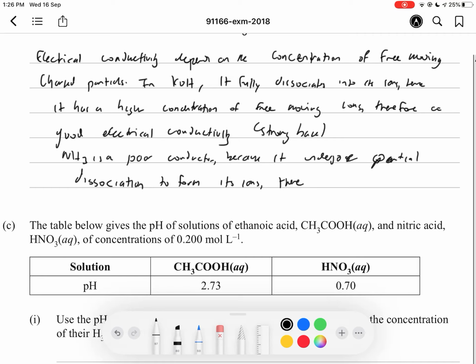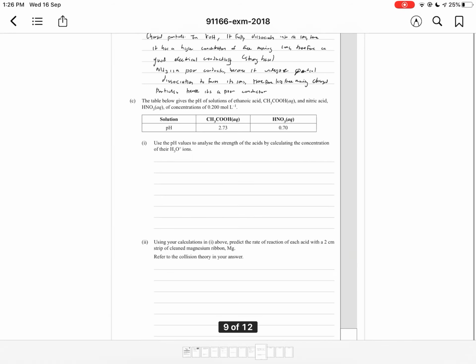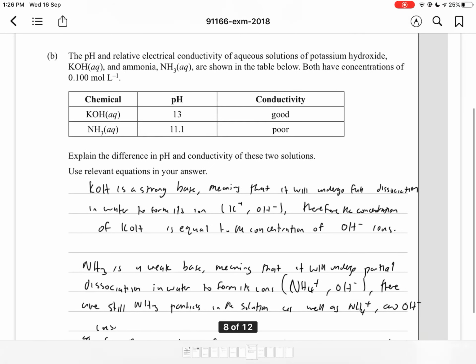Therefore, there are less free moving charged ions. Therefore, less free moving charged particles. Okay, so therefore, it's a poor conductor. Alright, so that's for the electrical conductivity, okay?